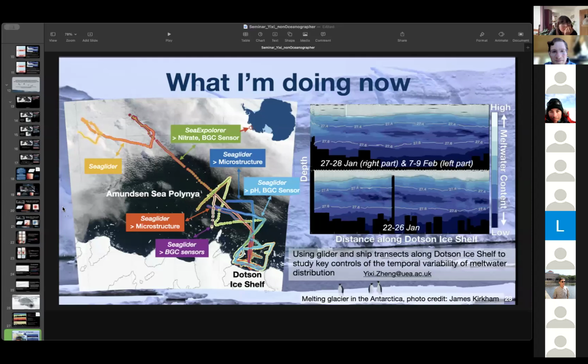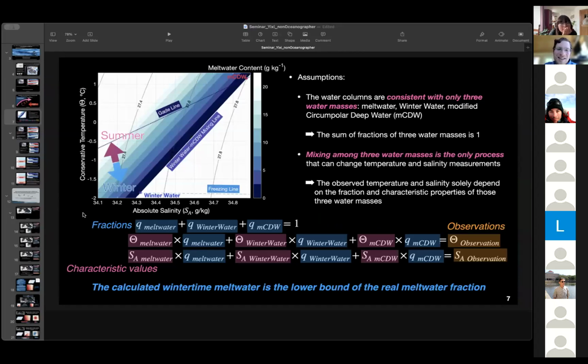I don't really understand your question actually. Can you say that again? I was wondering whether, if the meltwater coming from the glaciers is colder than the surrounding water, that could help sea ice to form, which could affect the system in a different way.